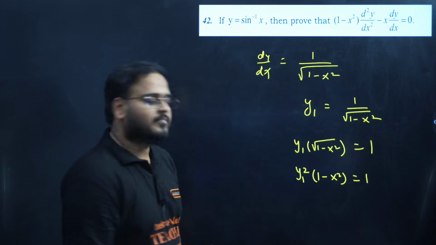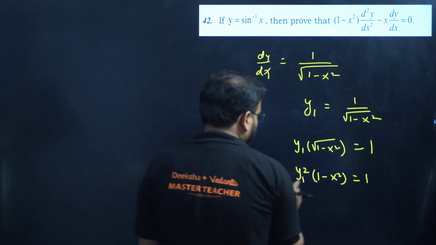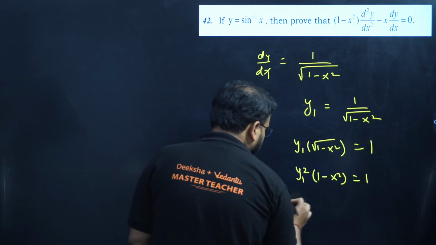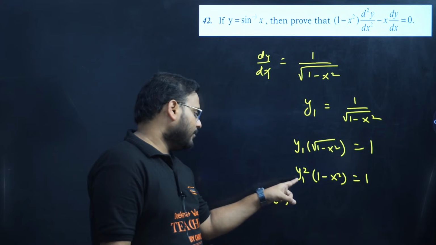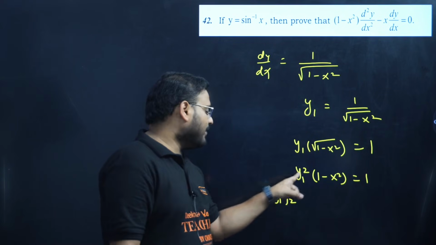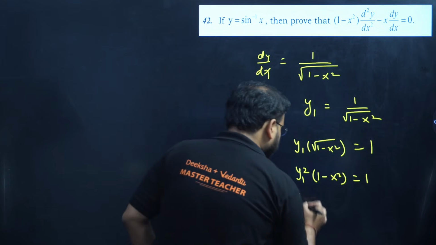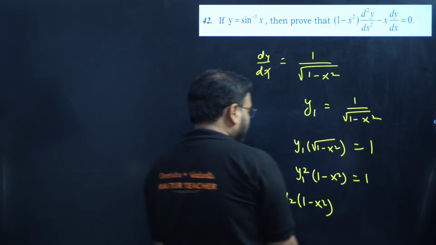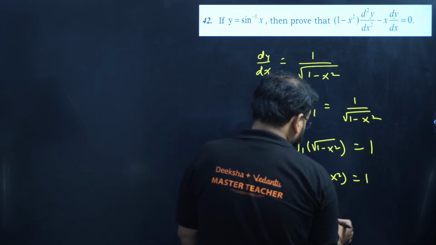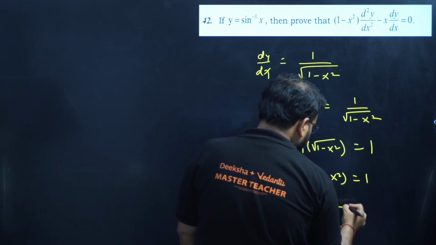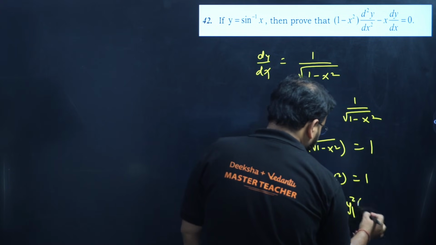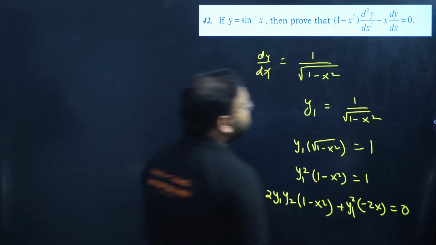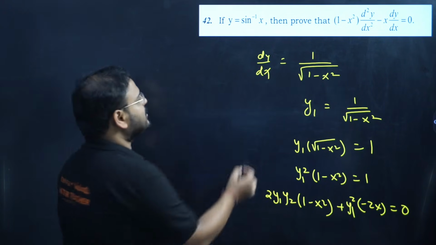Now you're going to differentiate one more time. Differentiating this part, you'll have 2y1 and y2, 2y1 for the derivative of y1 square, and differentiating y1 you get y2. The other will remain as it is, 1 minus x square. This time you keep y1 square as it is, so plus y1 square, and differentiate 1 minus x square. You'll get minus 2x equals 0.